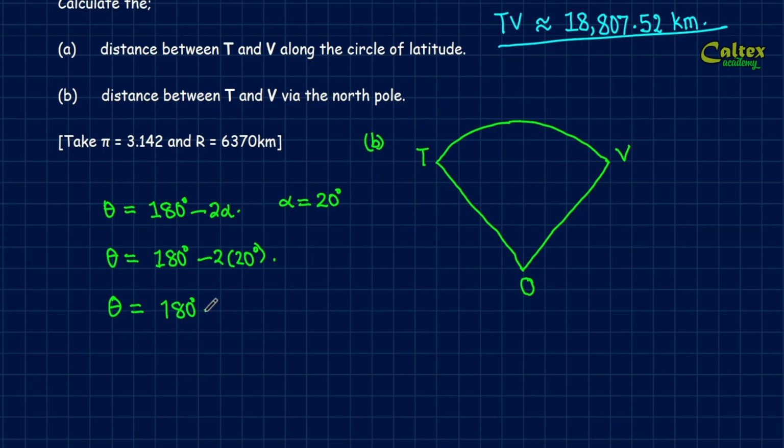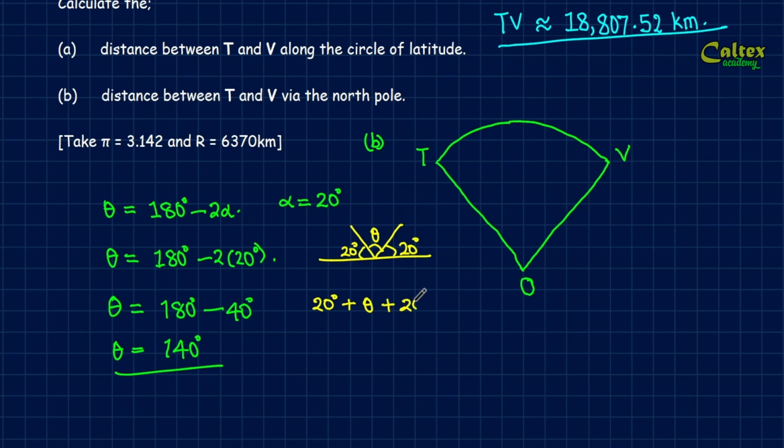Multiplying 2 and 20, we get 40 degrees. Also feel free, as you know, our angle was looking like this. We have here theta, and this one here is 20 degrees, and this one here is also 20 degrees. You can go ahead and just add them normally, just like in geometry, where we had 20 degrees plus our theta plus 20 equals 180 because they're angles in a straight line.